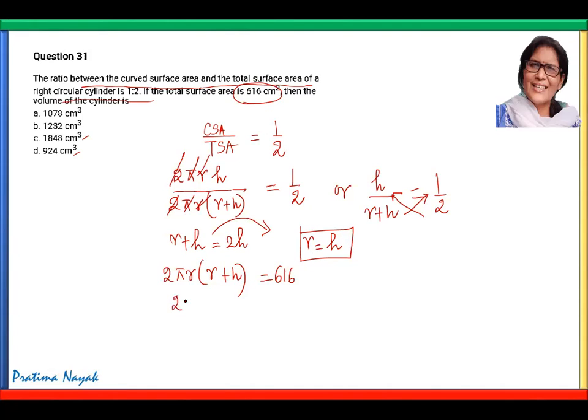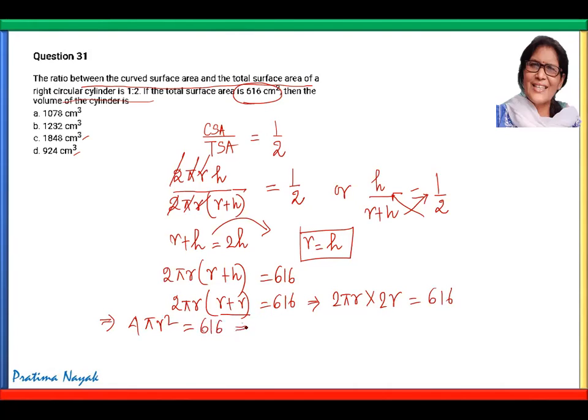So 2 pi r within bracket r plus r is equal to 616, or 2 pi r multiplied by 2r is equal to 616, or I'm getting 4 pi r square is equal to 616.